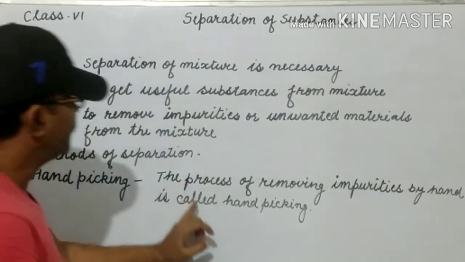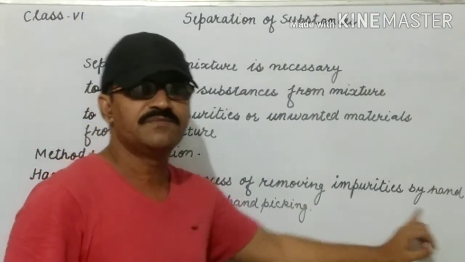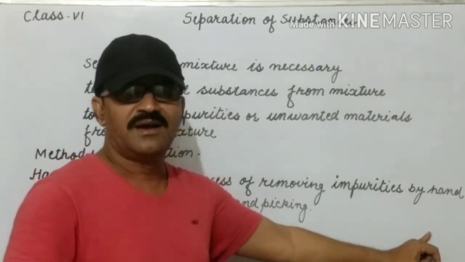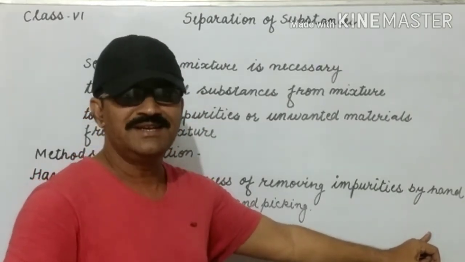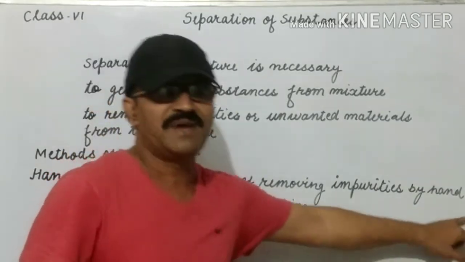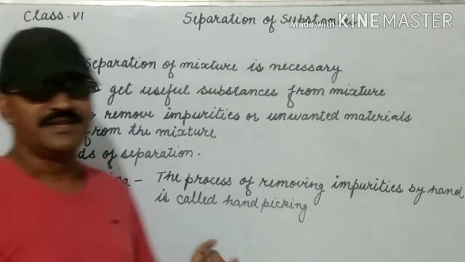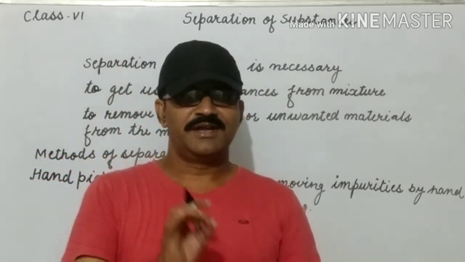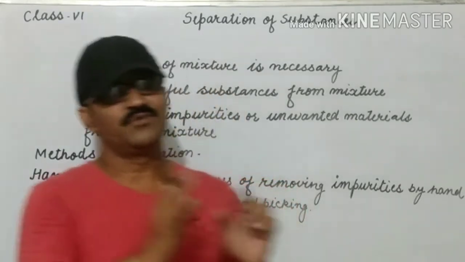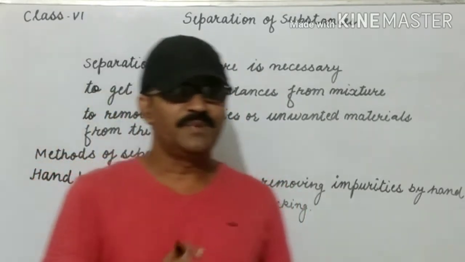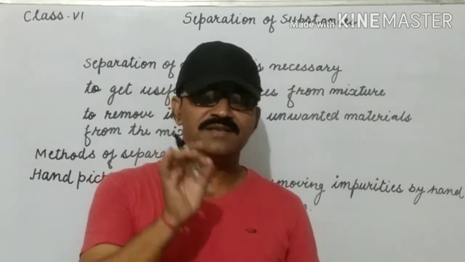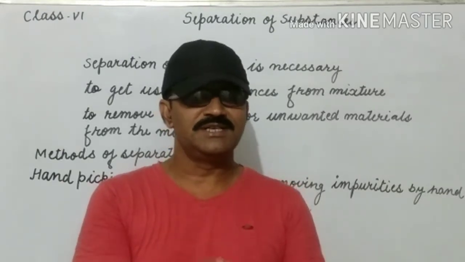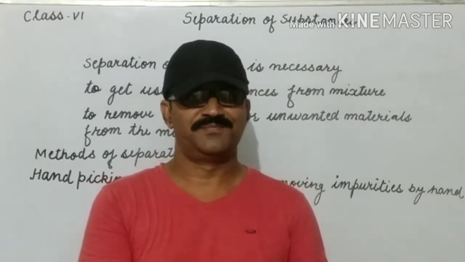Is the definition clear? The process of removing impurities by hand. Your mother is removing the impurities from the pulses and rice. Hand picking is done only when the quantity of a mixture is small and impurities are few in number.